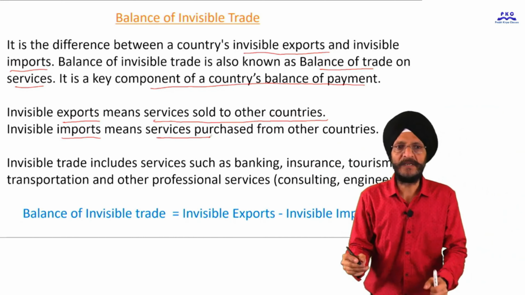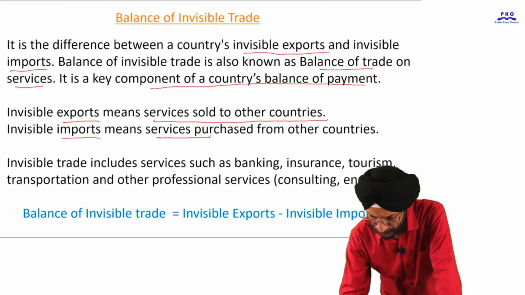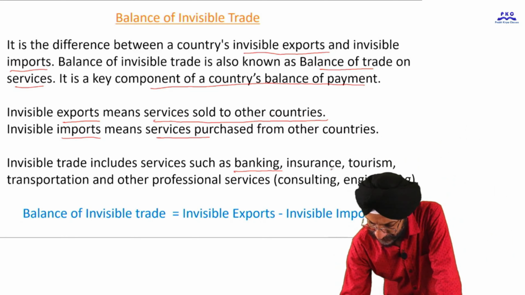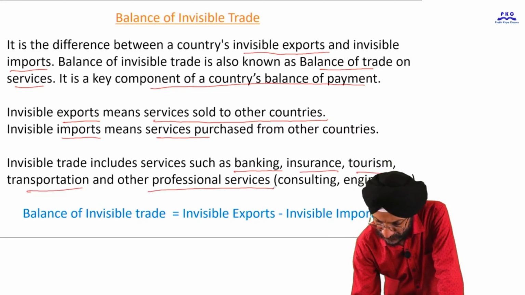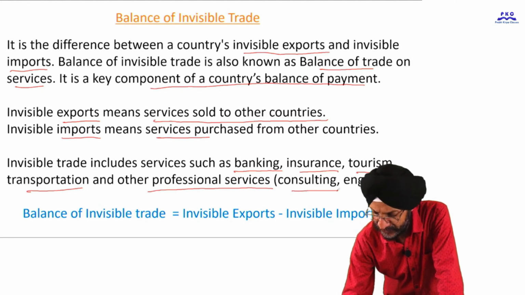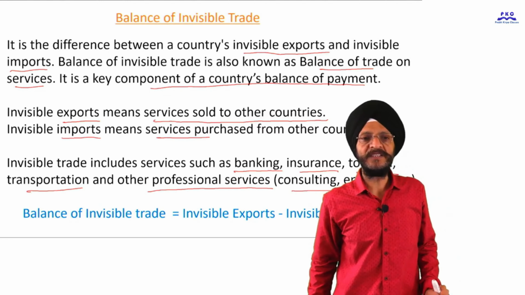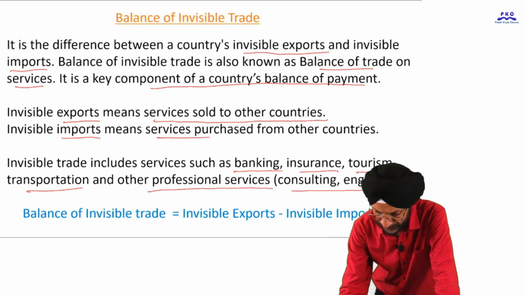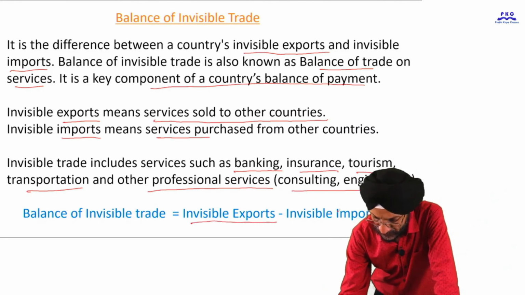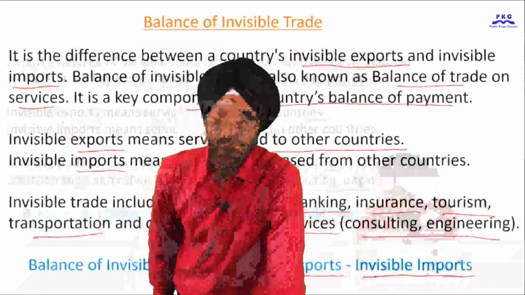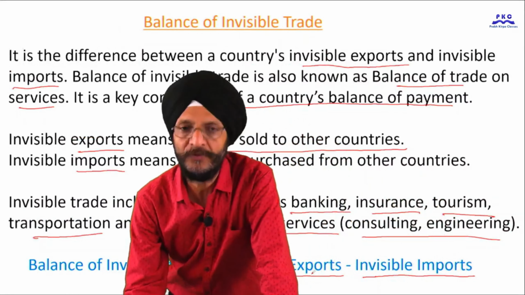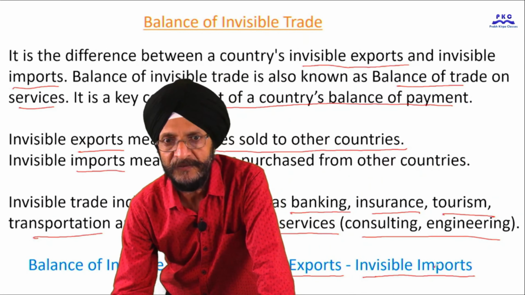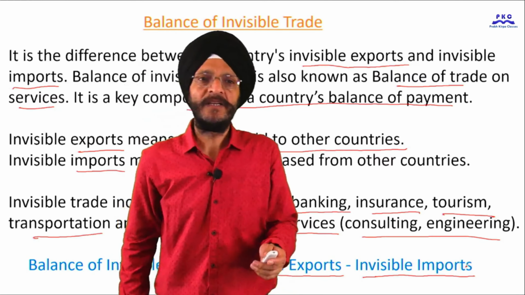Examples of invisible trade are services such as banking, insurance, tourism, transportation, and other professional services such as consulting, engineering. So balance of invisible trade is invisible exports minus invisible imports. Here we will be taking into account value of invisible exports and value of invisible imports.